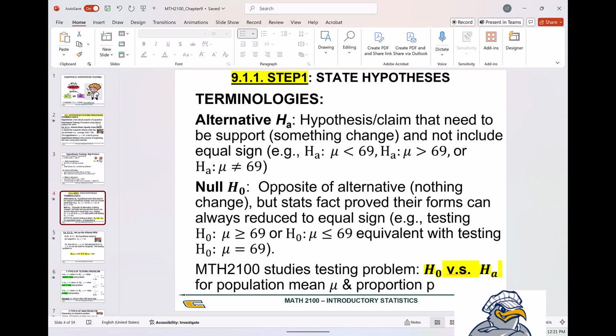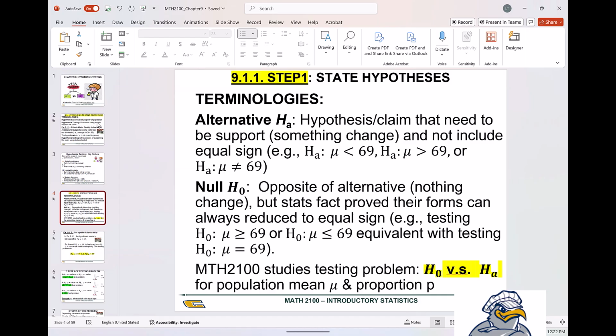In this case, the opposite of the alternative mu less than 69 will be mu greater than or equal to 69. Or the opposite of mu greater than 69 will be mu less than or equal to 69, and the opposite of mu different from 69 will be mu equals 69.